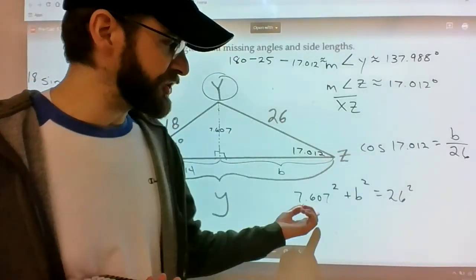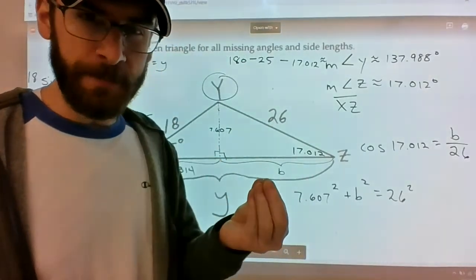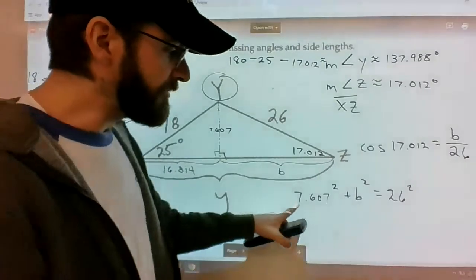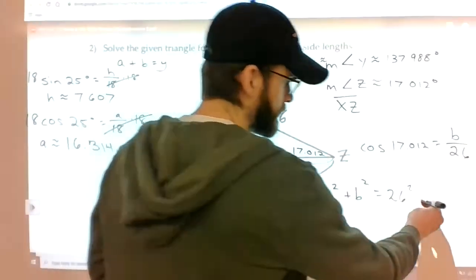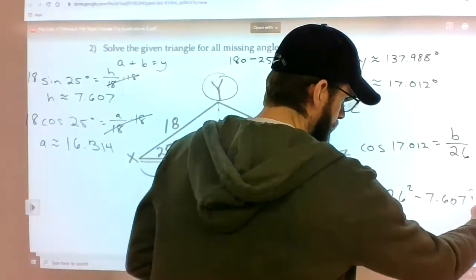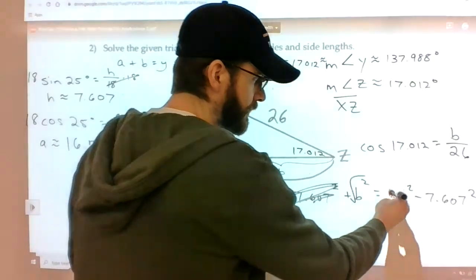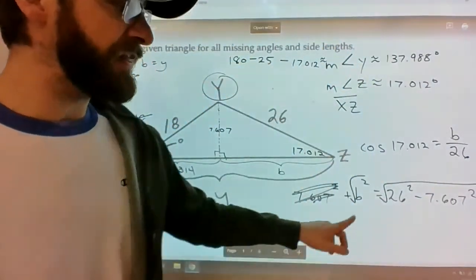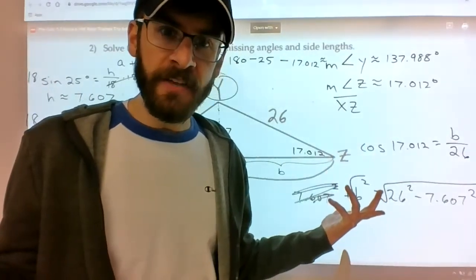For some reason, this just seems cumbersome, unless you do some multiple steps in your head. What I mean by that is, what if I subtracted this from both sides? Okay, so subtract it from both sides. It's gone now. And then square root. If you can visualize that this is the calculation that I just plug into the calculator right away, it's not too big of a deal.